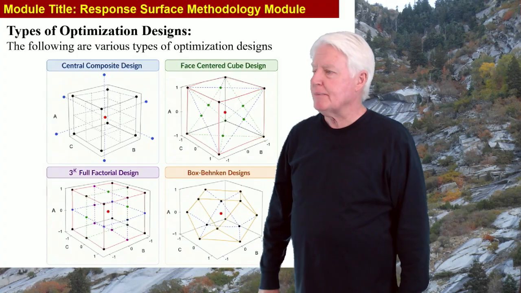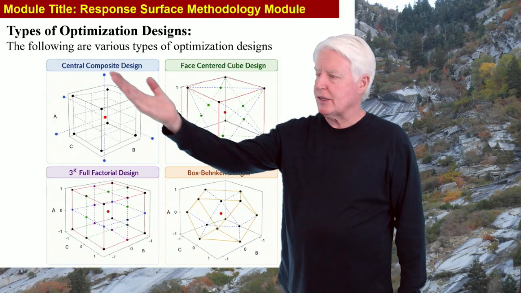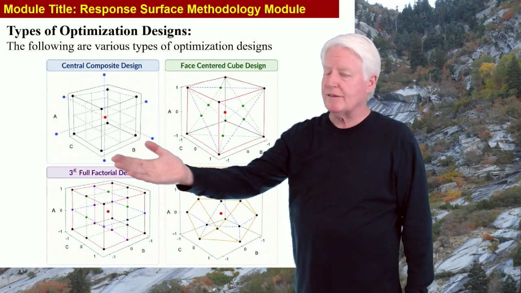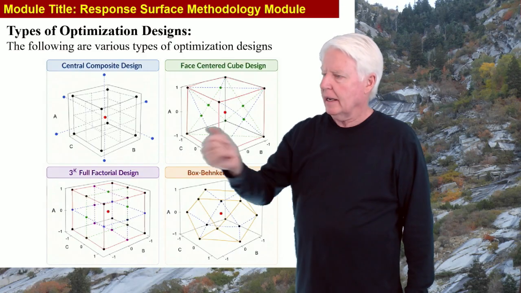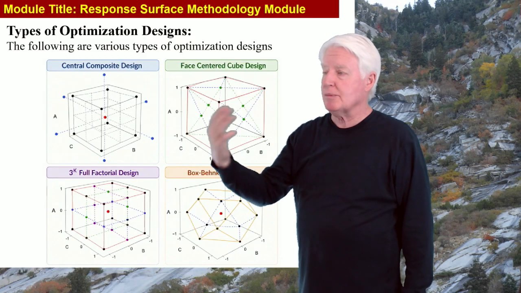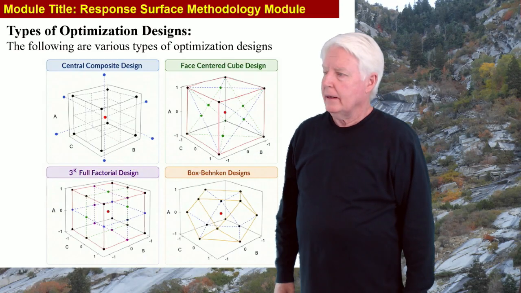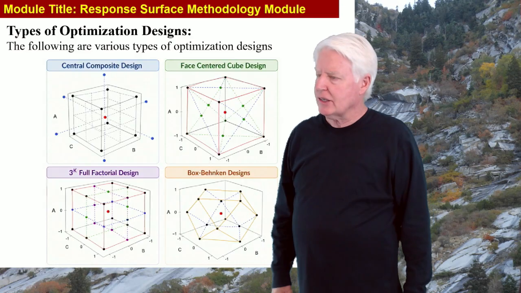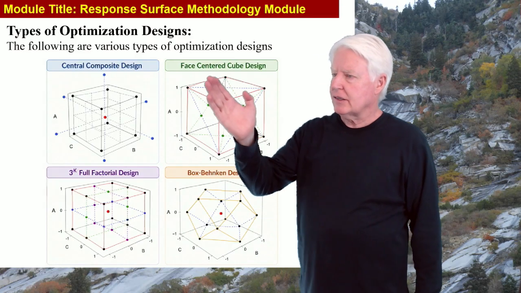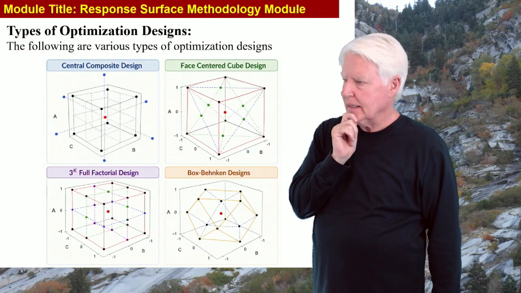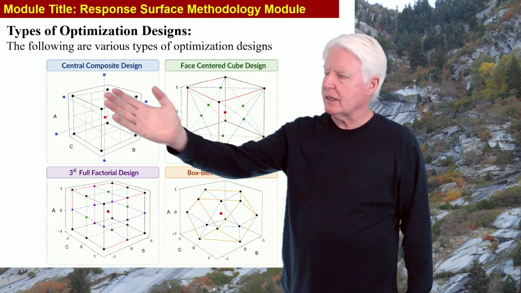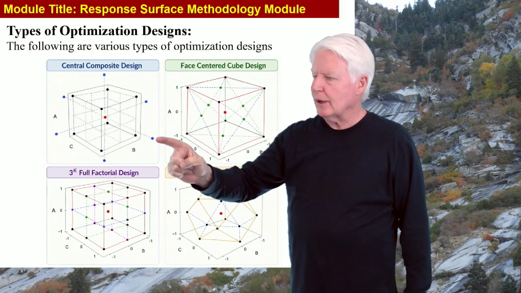Again, these are the types of optimization designs. We have central composite design. That's the one we've spent all our time on. And I think it's a good one to spend time on. It's my favorite. It just has so many advantages, and it doesn't take a lot of data. This is a face-centered cube design. So it's like the central composite design, only how far you extend out.